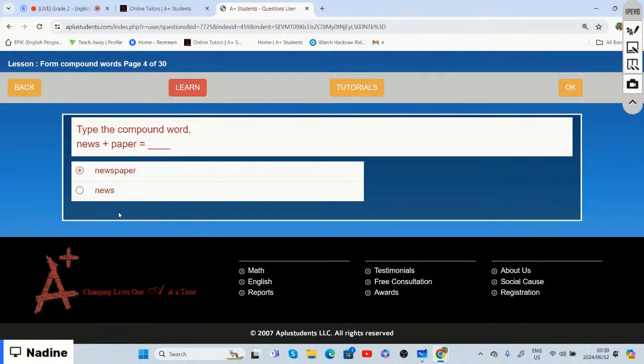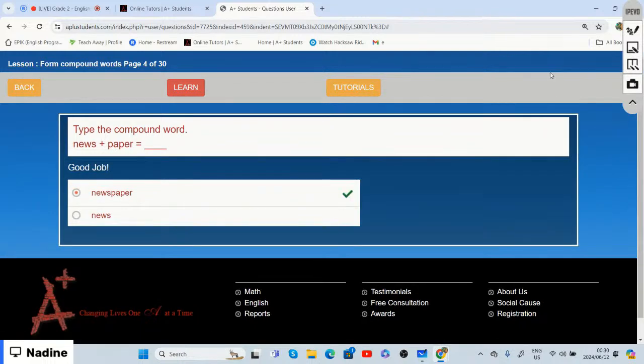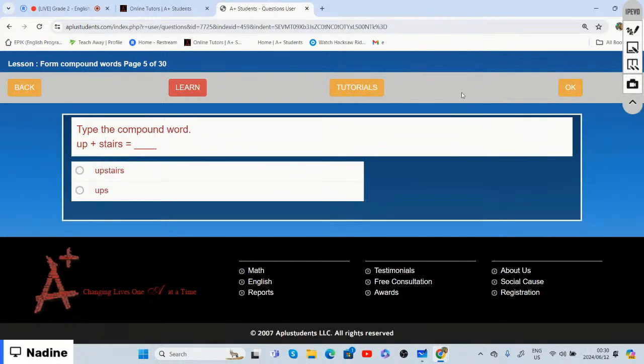So it's news plus paper, which is newspaper. All right, so we say newspaper.